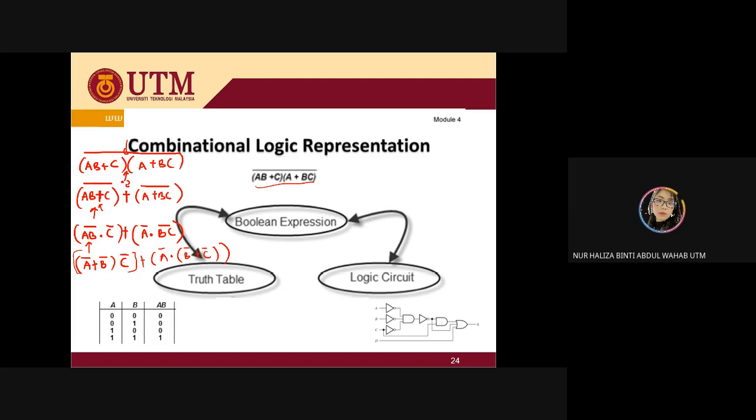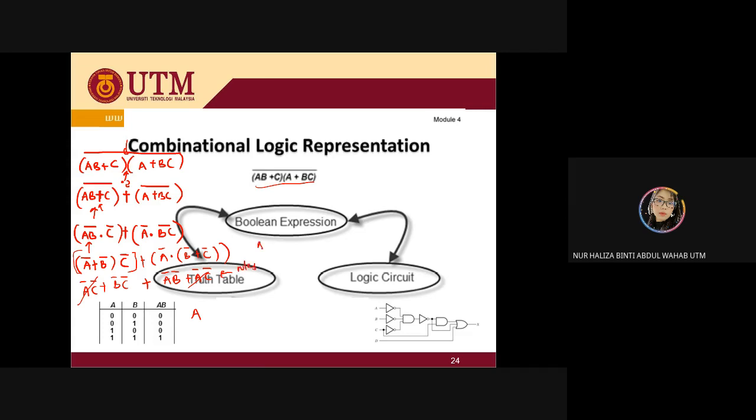Let's take a look what we have. We have over here A bar C bar plus B bar C bar plus A bar B bar plus A bar C bar. We can see, okay, this part and this part is similar. So you check back what rules numbers.